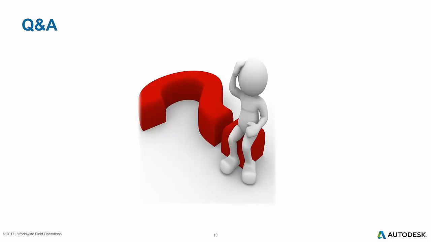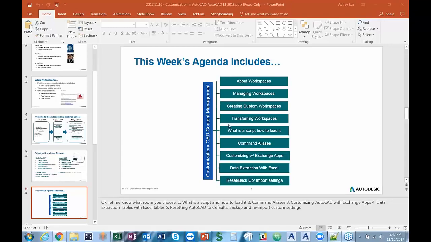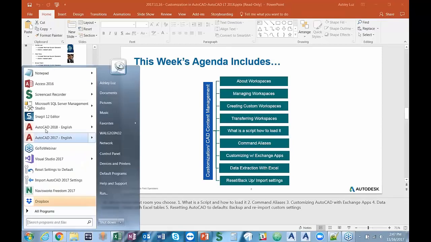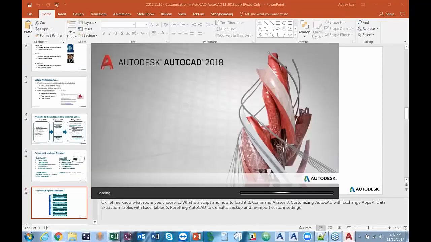Yeah, so I can make myself the presenter, and I can show how to do that again. I'm not sure about the other question about the snap, but let me just open up AutoCAD again. Can you see my screen okay?